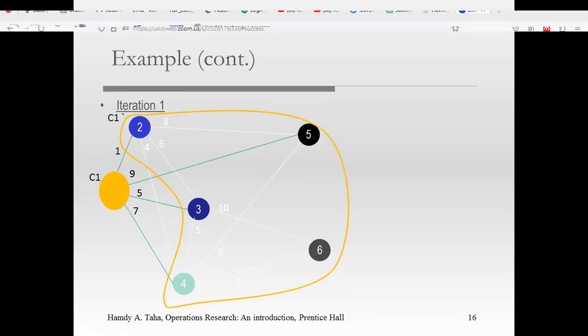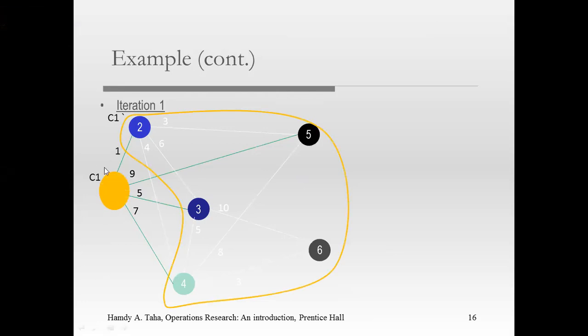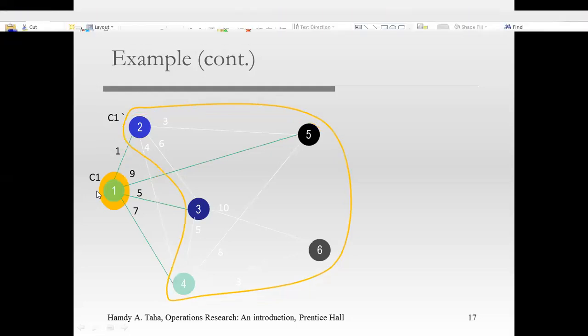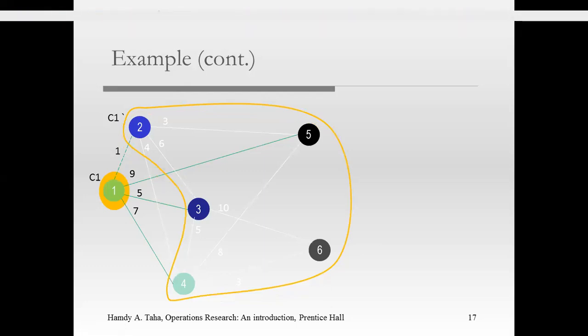Here we focus on 1, the yellow node, and then we need to connect to C_1. C_1 is equal to 1, and then C_1 prime is 2, 3, 4, 5, 6. Remember, apostrophe refers to not yet connected permanently. So from 1, we need to find to what node we connect it permanently.